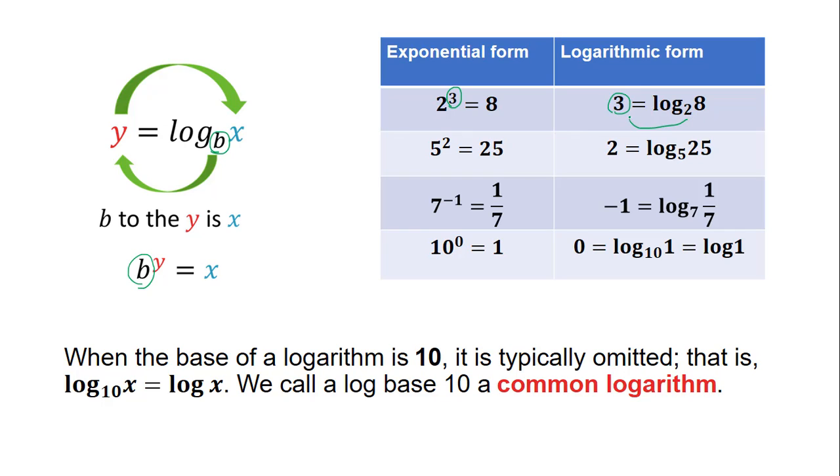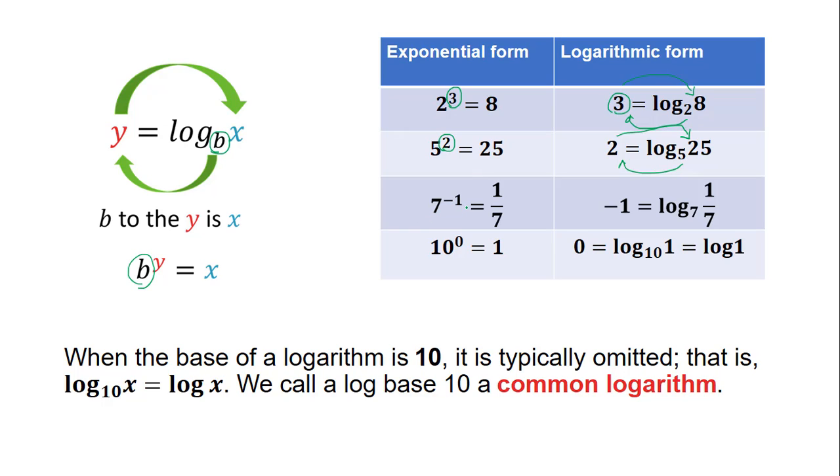So this means 2 cubed is equal to 8. If we have the exponential form 5 squared equals 25, we can write that in log form to say that 2, that is our exponent, is equal to log to the base 5 of 25. Again, that means that 2 is the exponent of 5 that gives us 25, right? 5 squared is 25.